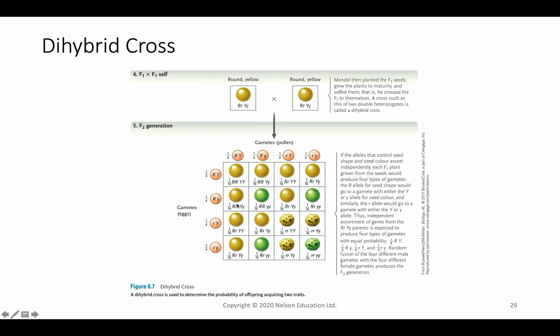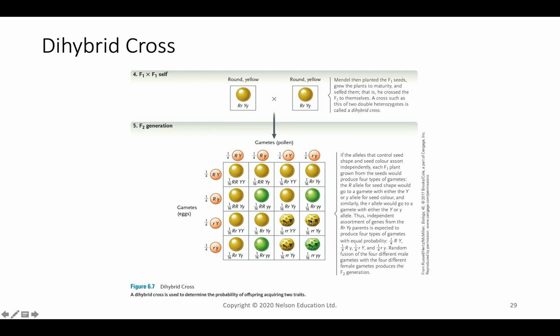Why? Because yellow and round are our dominant phenotype, so we only need one copy. Here we have one capital R and one lowercase r, but it still appears round, right? Here we have heterozygous for both. It still appears round and yellow. So the only way that we can get those recessive phenotypes to come out is when we start seeing the lowercase r's, that's going to give us the wrinkles. Until we start seeing this homozygous recessive, we're not going to see those recessive traits.